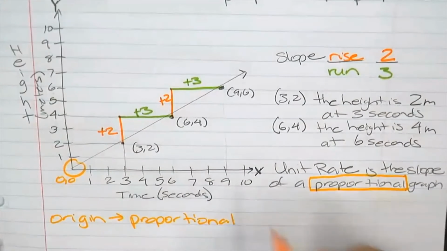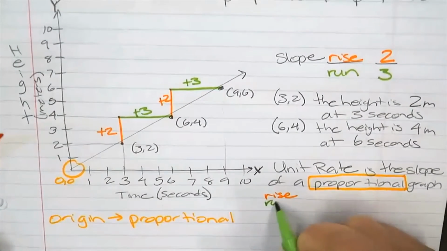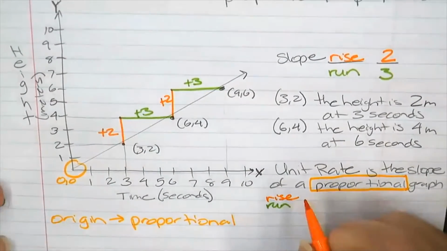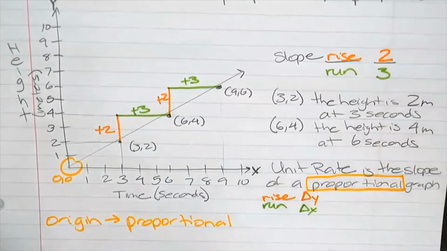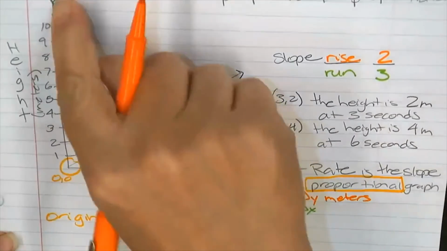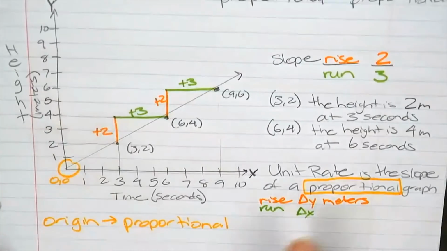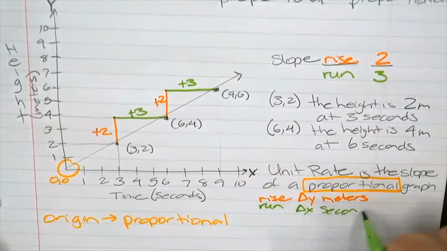Well, the slope is rise over run, the change in y over the change in x. My y is meters, over my x is seconds.